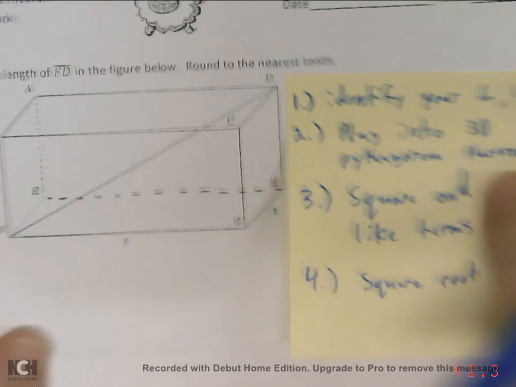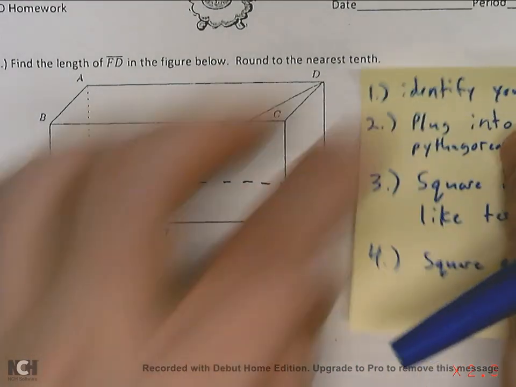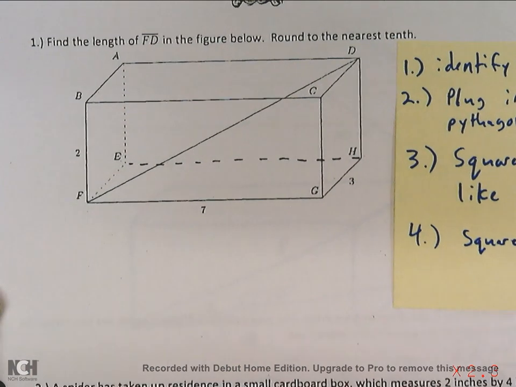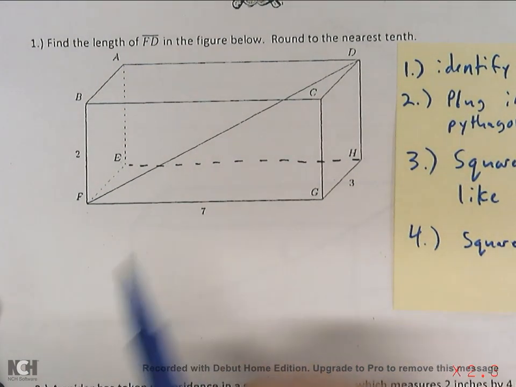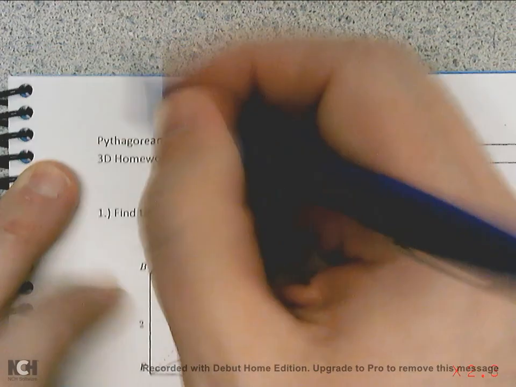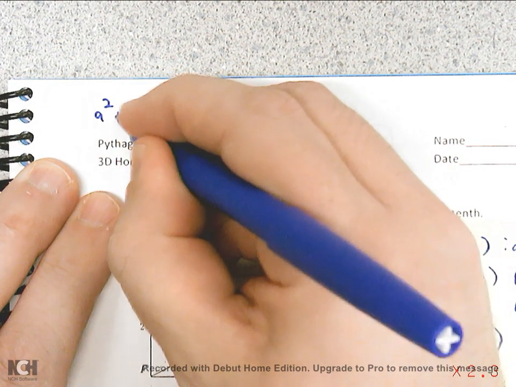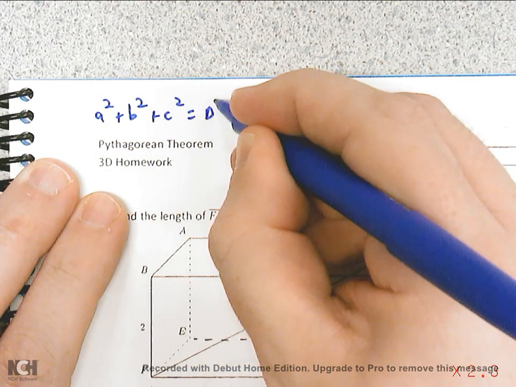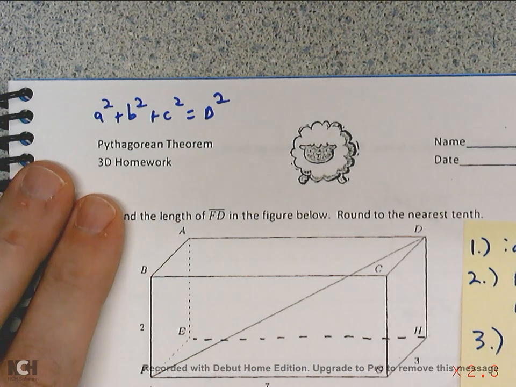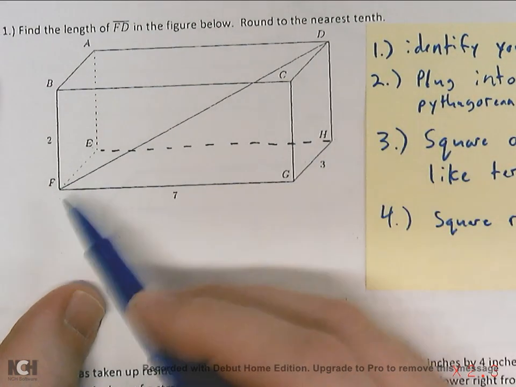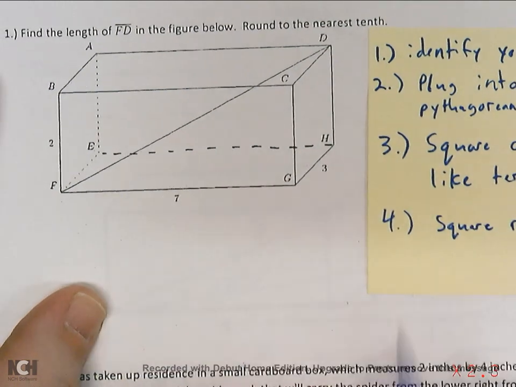So now I'm going to apply those to a problem here. I'm on page 37, and the first thing I'm going to do is identify my length, my width, and my height. Again, the 3D Pythagorean theorem is a squared plus b squared plus c squared equals d squared, the diagonal. If I want to find this diagonal length, I need a length, a width, and a height.